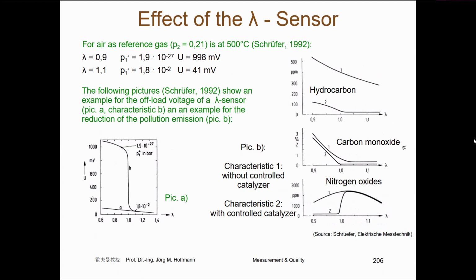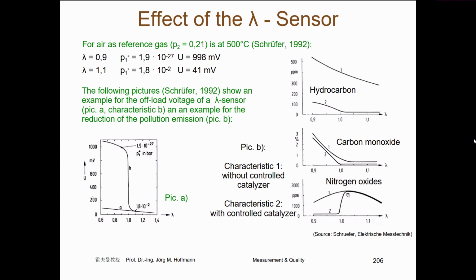And carbon monoxide is going up below 1. That means for these both gases, you should run it over 1. But for the nitrogen oxides, you see it's increasing at 1.